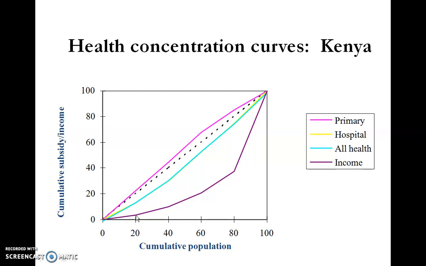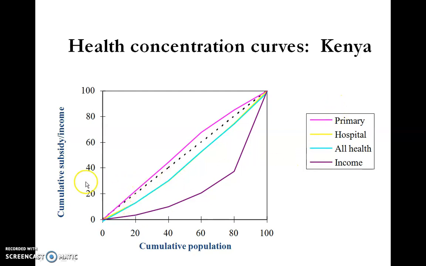So if we extrapolate this further and we touch this pink primary healthcare line, you can see that 20% of the population are getting cumulatively about, say, 22% of the subsidy for primary care.